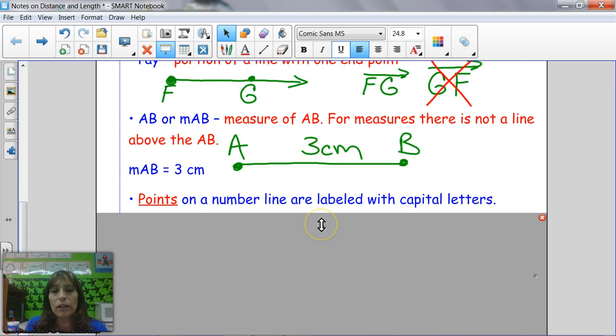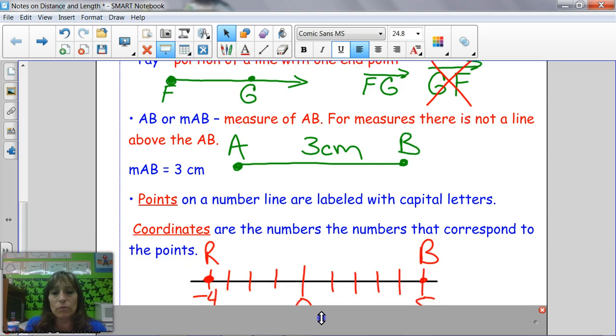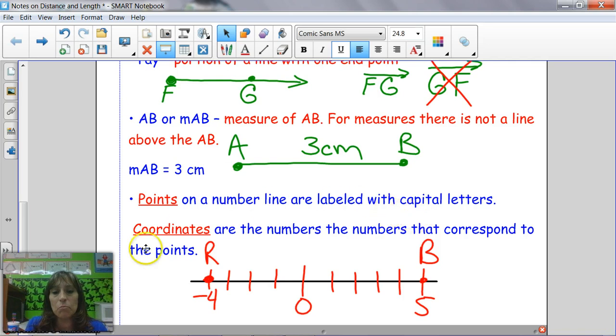This last part talks about points and coordinates. Points on a number line are labeled with capital letters, and that would make sense since a point is labeled with a capital letter. Coordinates are the numbers that correspond to the points. If you look at my example, let me move up just a little bit. I have my number line here, and I have this point, point R, that's at -4.